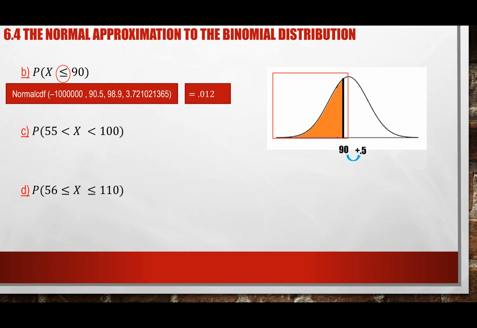Meaning I flip this loaded coin, one side heavier than the other, 115 times. The probability of the heads coming out less than or equal to 90 is 0.012.